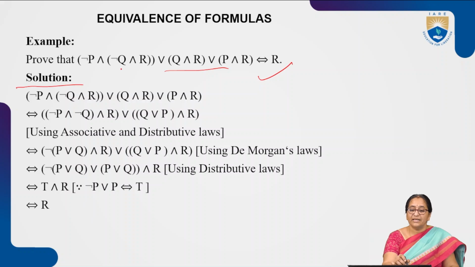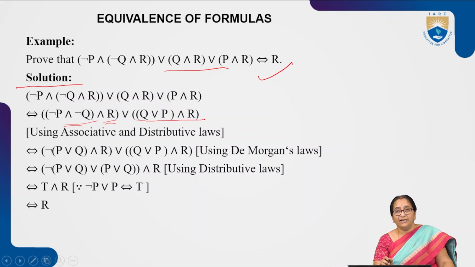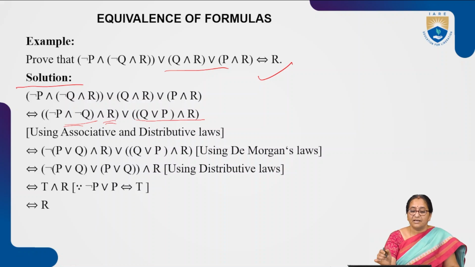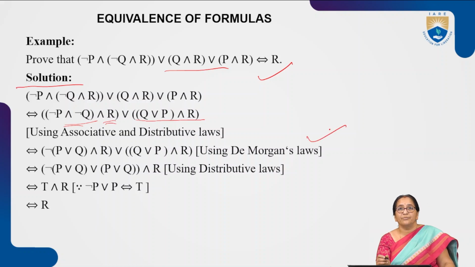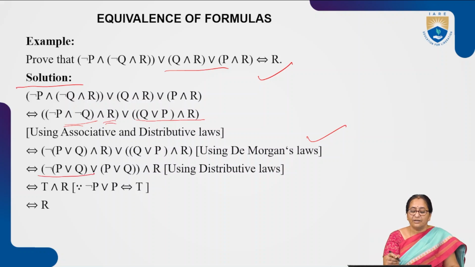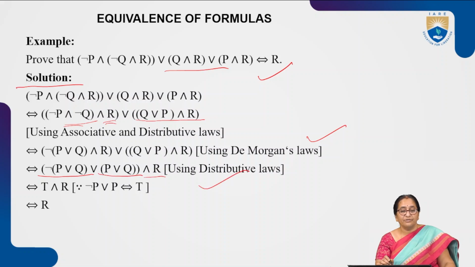Using the distributive laws, associative and distributive laws, and De Morgan laws also, I am using here. By using the distributive laws, we can say that our end result is R.